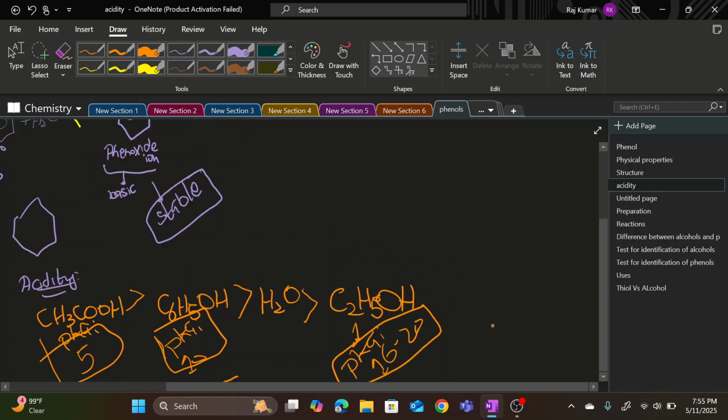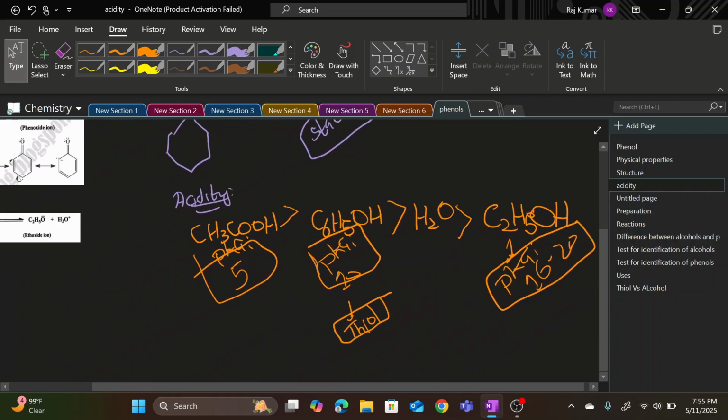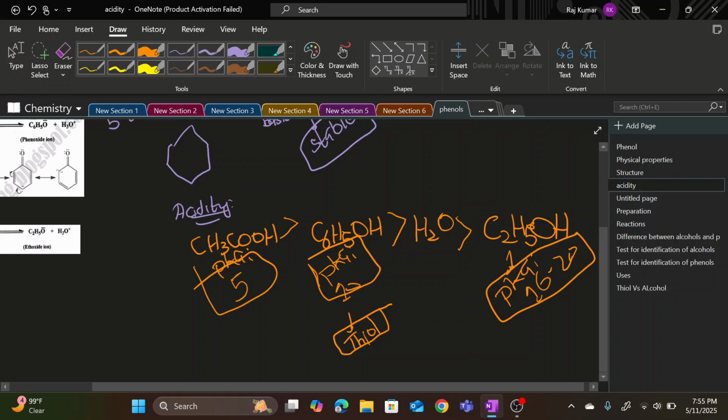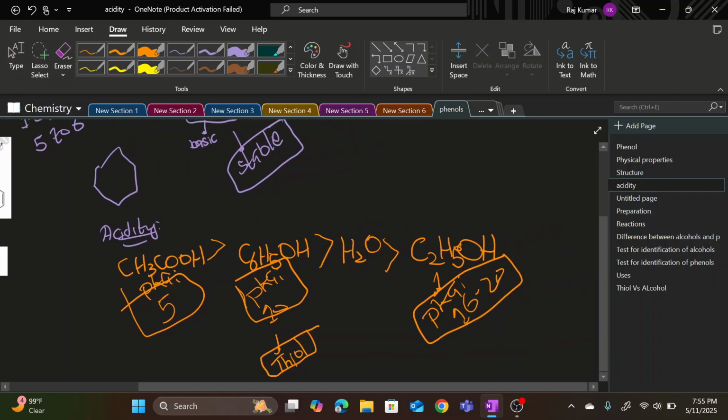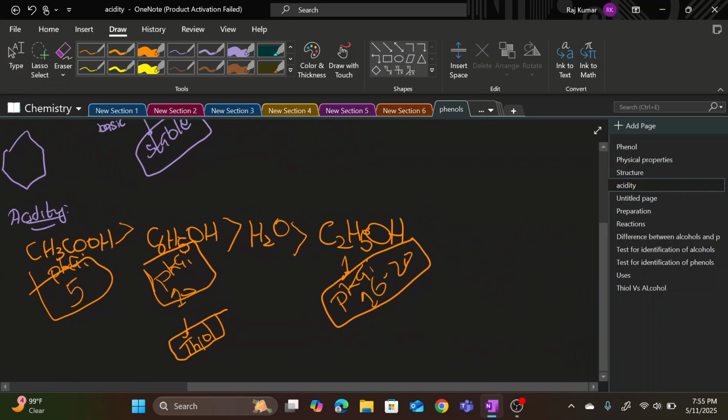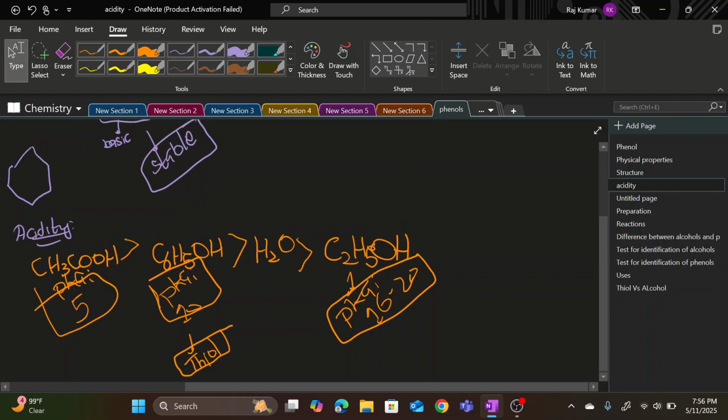over here, why does this difference happen? Why is there such an acidity difference? Well, the reason behind it is, number one, the ability of phenol to donate its hydrogen more easily than alcohol.